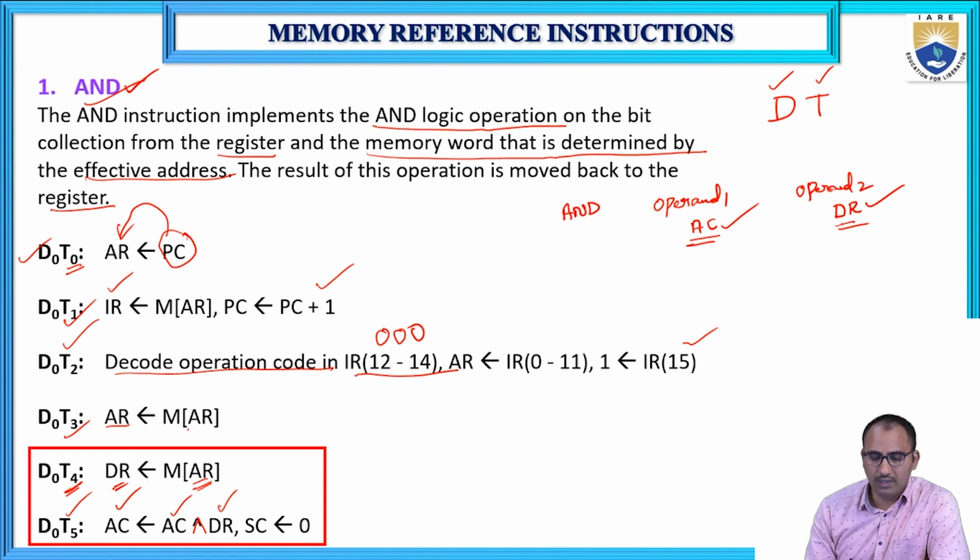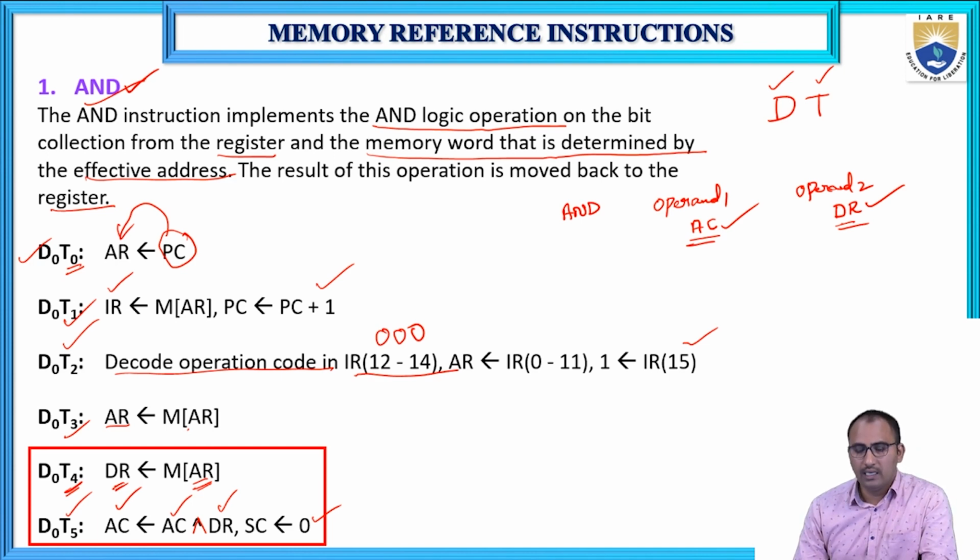After execution of the AND instruction, the sequence counter will be initialized to 0, so that the next instruction will be fetched from the memory. Whenever the sequence counter is initialized to 0, the next instruction starts again with timing signals T0, T1, T2, T3, T4, and so on. So this is the AND memory reference instruction.